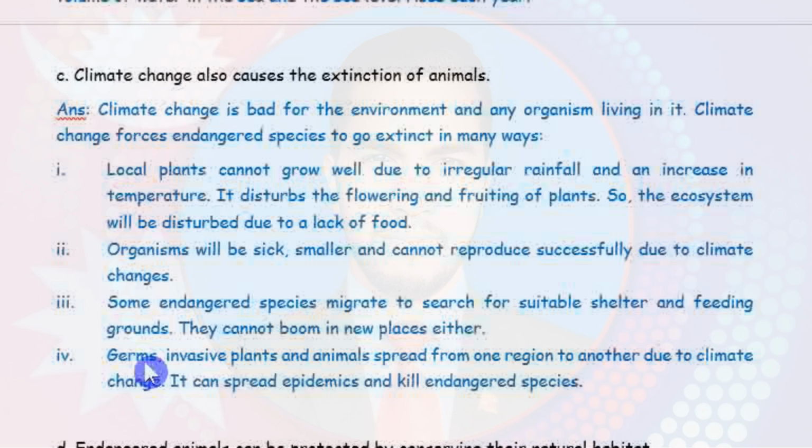Or sometimes in one month or 2 months there were mosquitoes in Kathmandu, but nowadays in all seasons we can find mosquitoes. So due to the increase in temperature, they are also adapting in the Kathmandu valley and the hilly regions of Nepal. So it is one of the examples. So the invasive plants and germs will spread all over, or to the higher altitudes also, and can spread epidemics and kill endangered species.